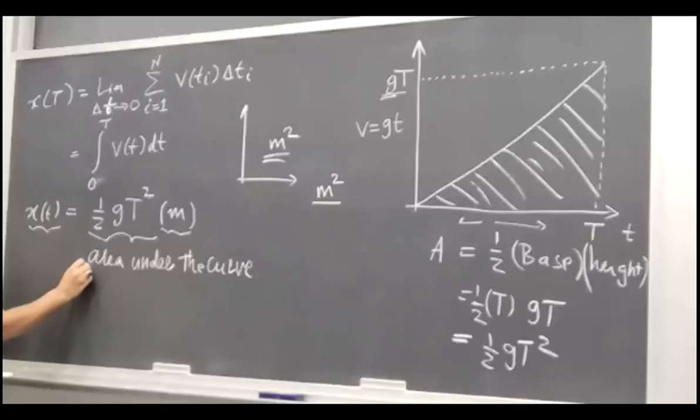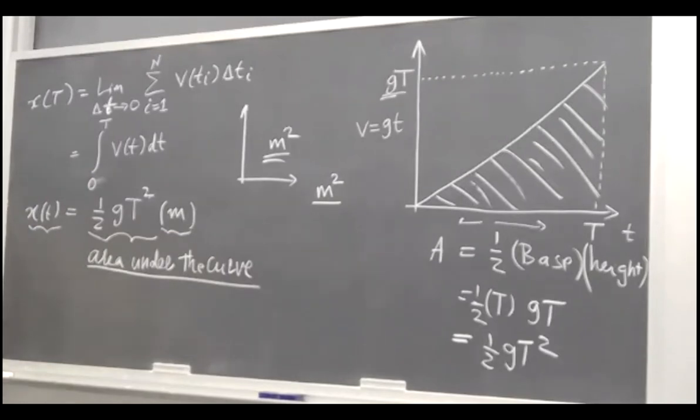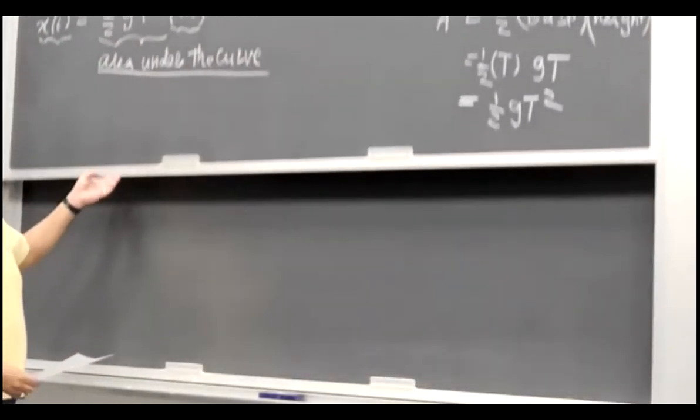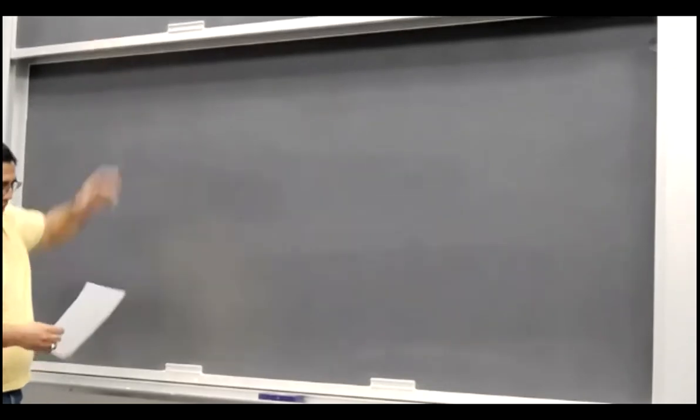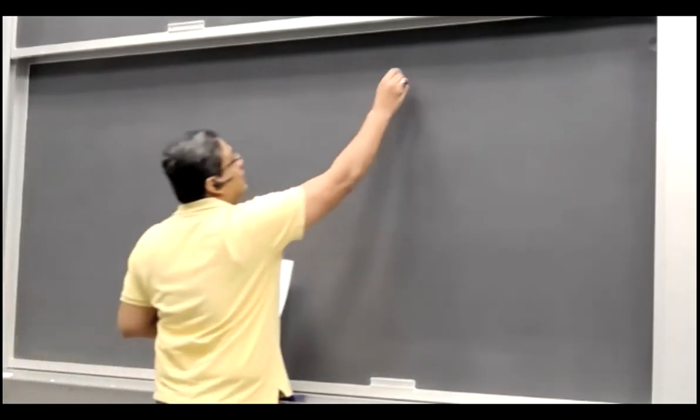Okay. Another statement that you read very often and it can be very confusing is area under the curve. Well, that's not really true. This statement needs to be re-examined. Let's say you have a situation like this.